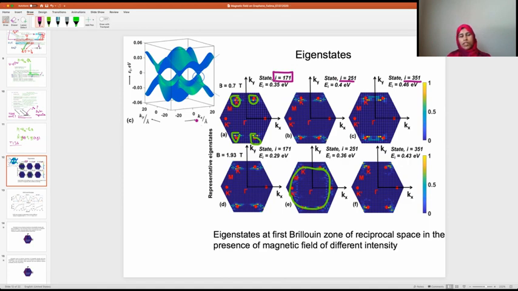If the magnetic field is higher, then the electron probability distribution will be delocalized. In the limit of no perturbation, your states would be more localized. Without perturbation, yes, more localized. The higher the perturbation, the more delocalized the electron probability distribution.